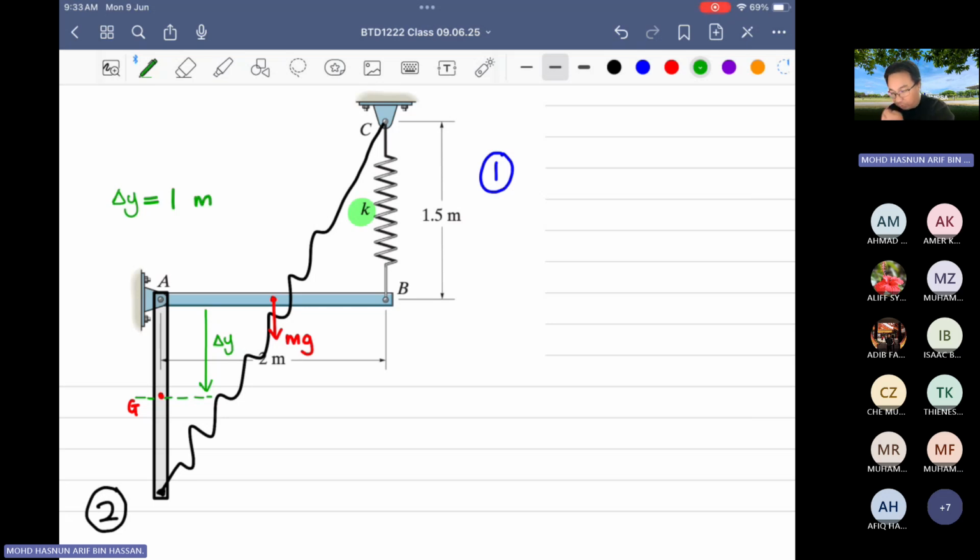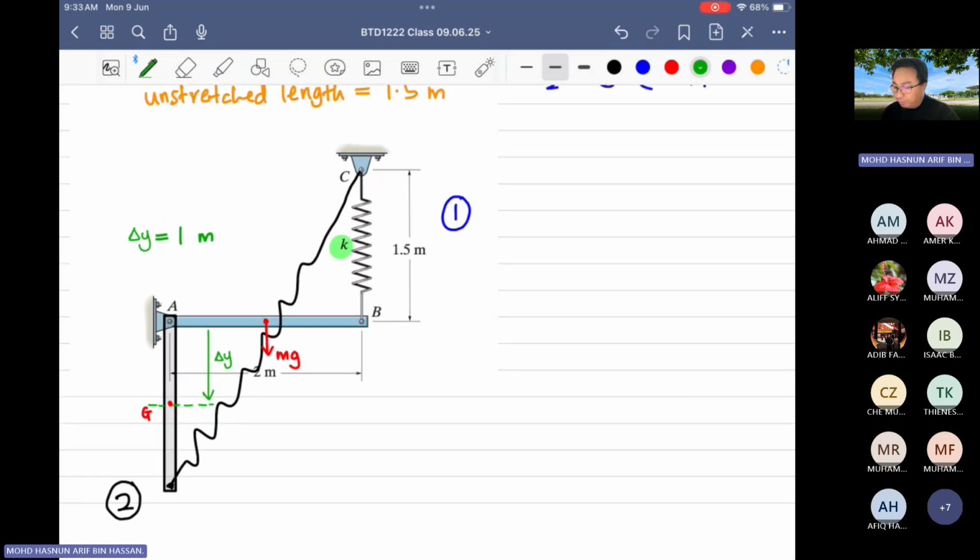Good, delta Y is 1 meter. So basically we will have work done by the weight and also work done by the spring. But this question is slightly different because it does not ask for the angular velocity, it asks for the stiffness K.